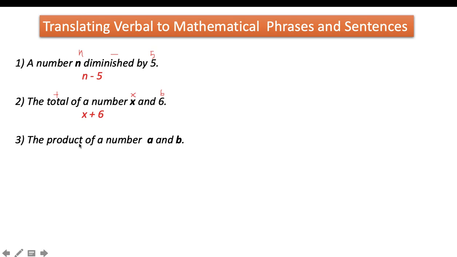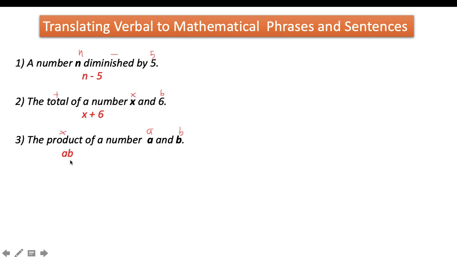For number 3, the product of a number a and b. So these are the two numbers or two variables or two terms that we will be multiplying. Product means to multiply. But we are not using this x in algebra because commonly x is used as a variable.